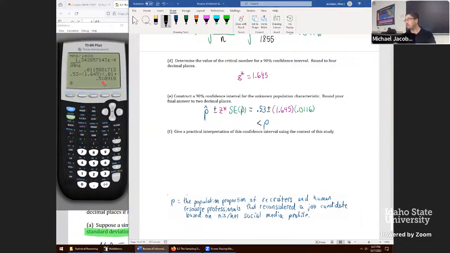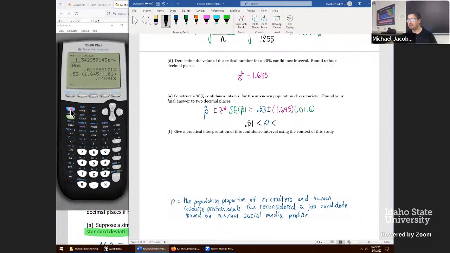So the true proportion is bigger than 0.51. This means we can say that there is a majority of such people, candidates or human resource professionals, job recruiters, who will deny a candidate. It's above 51% at 90% confidence. That is a little bit low, so you have to take that into account.